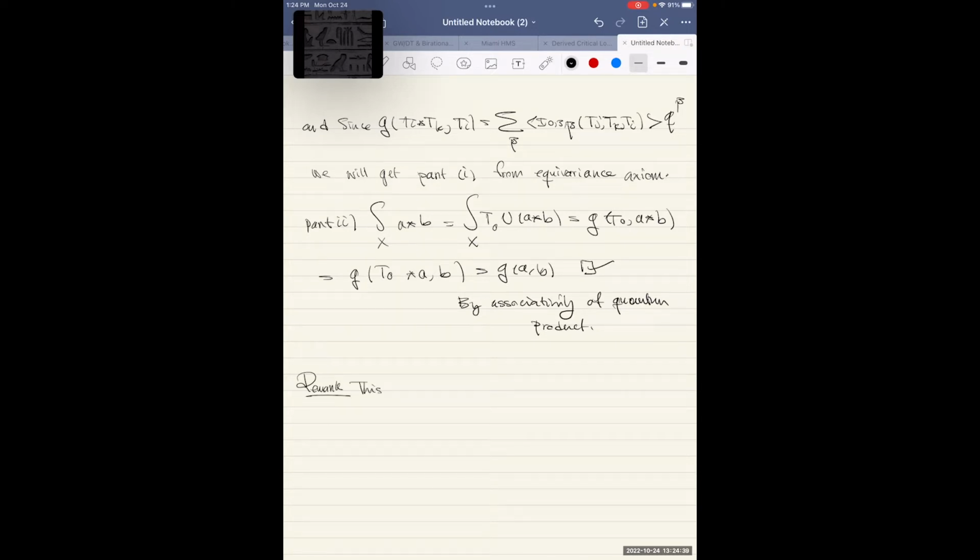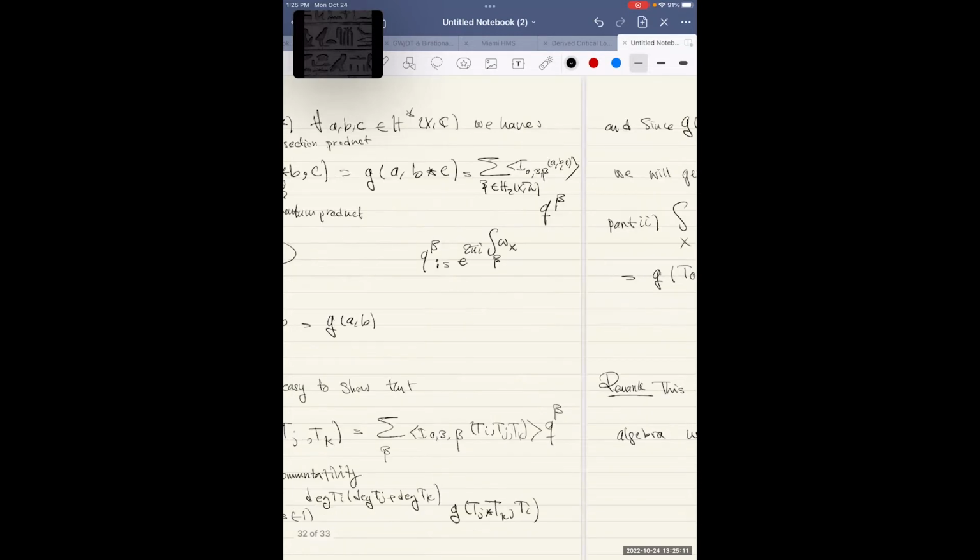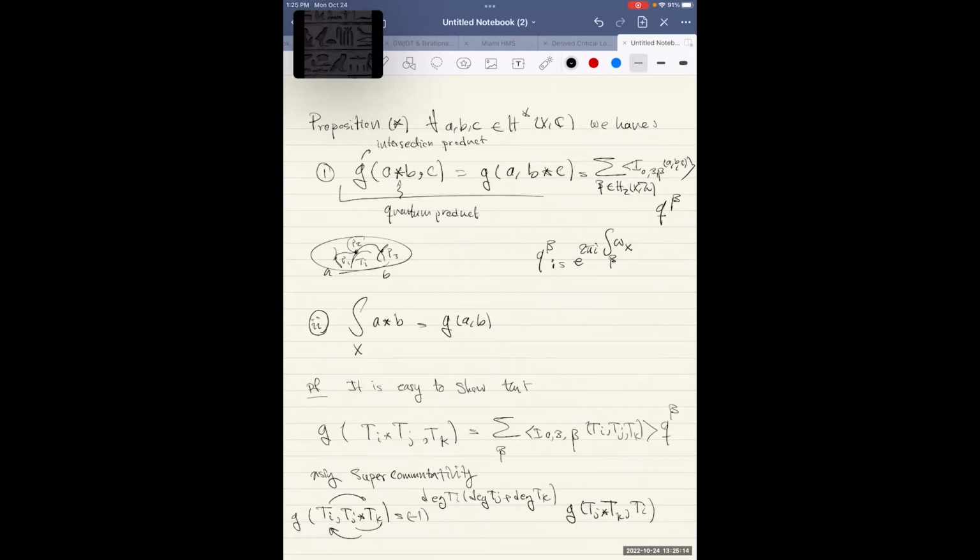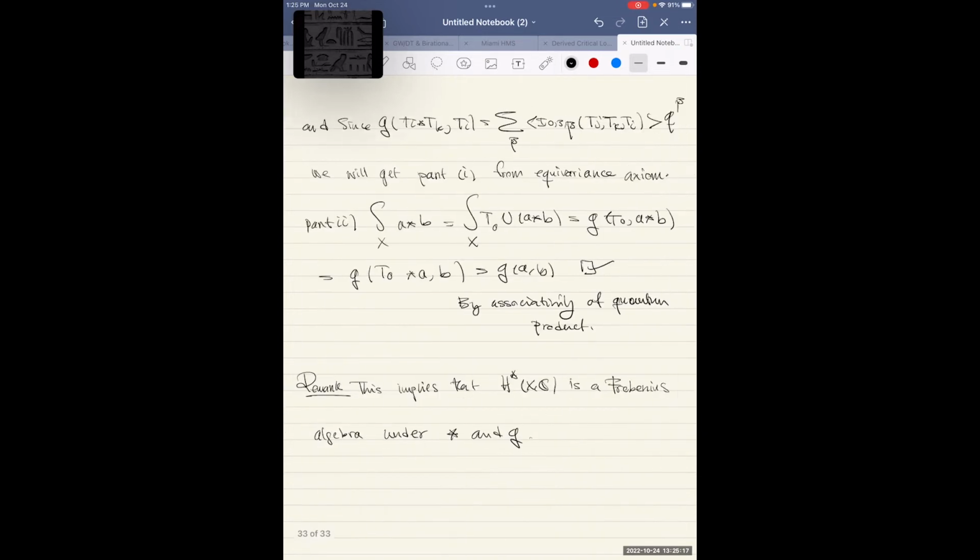This implies that the complexified cohomology ring of a variety is a Frobenius algebra under star and G. What's a Frobenius algebra? A Frobenius algebra is an algebra with 2 notions of product on it, and exactly the compatibility relation that we have in here.